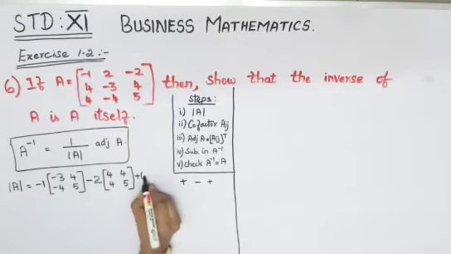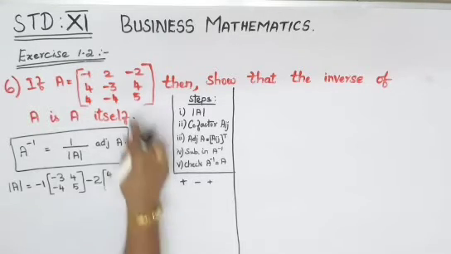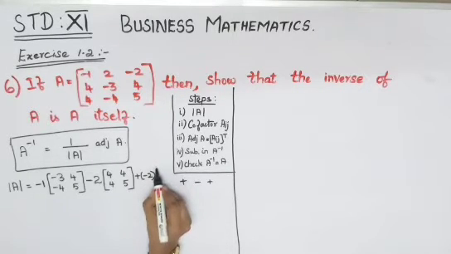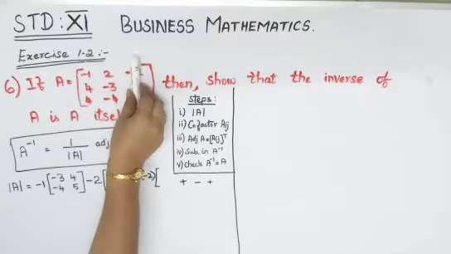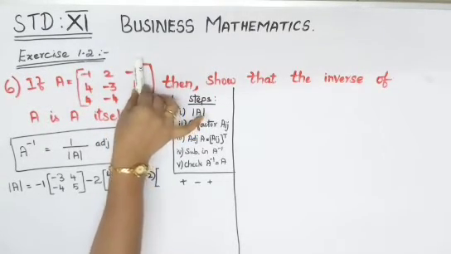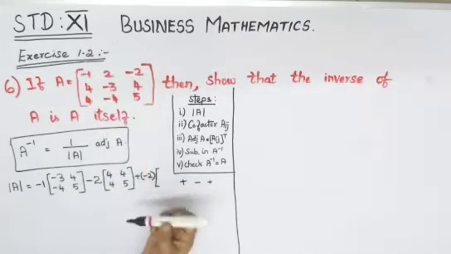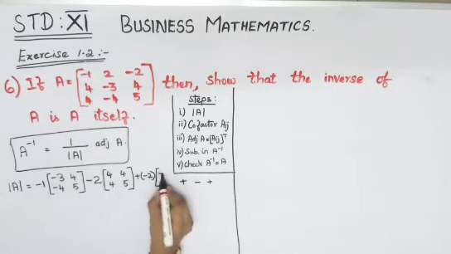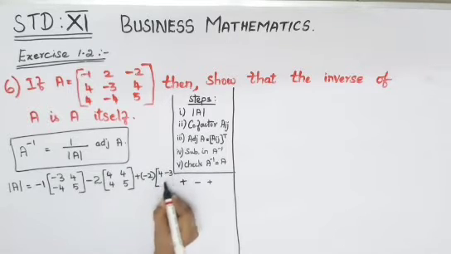Minus 2, plus is there from the format. For minus 2, open your bracket. The column and the row are eliminated, so the left out numbers are 4, minus 3, 4, minus 4.